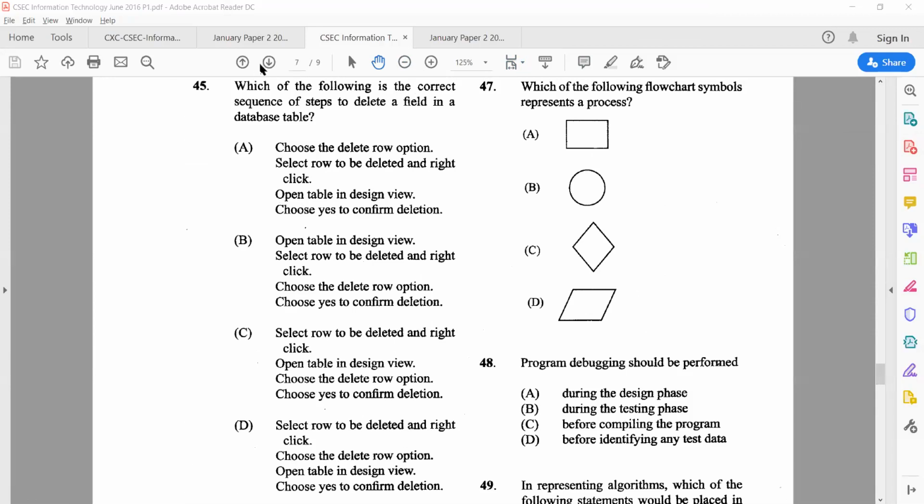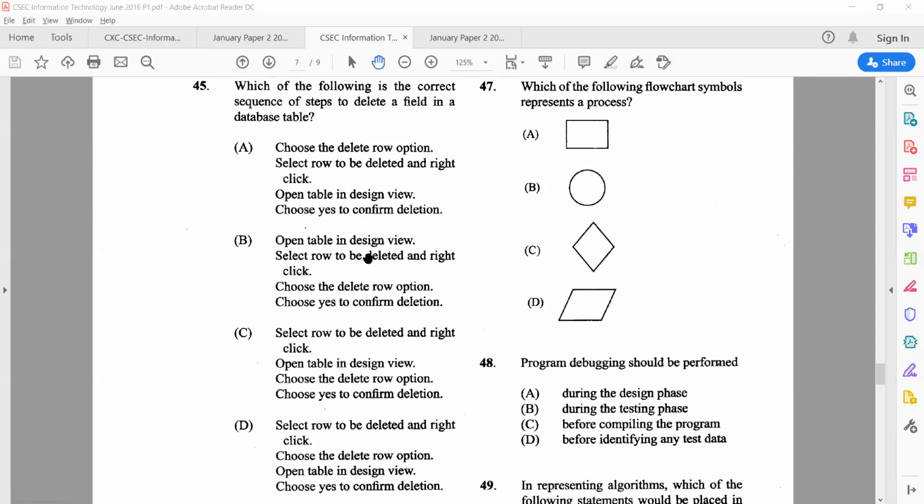Those who are finished can put the answers in the chat. All right, I see some answers coming in.